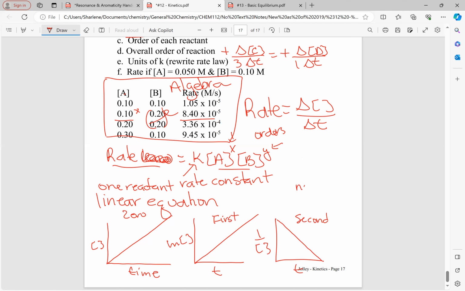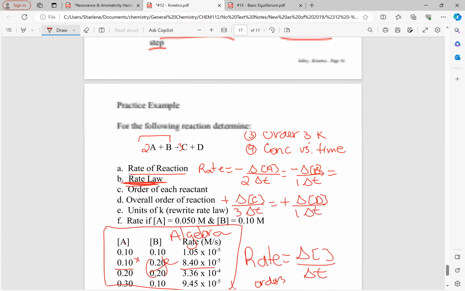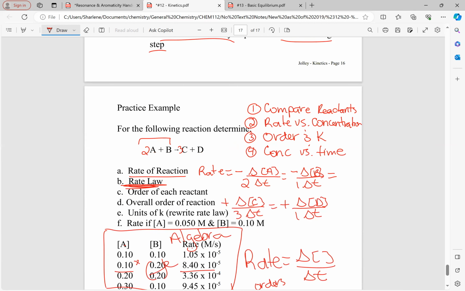No sig figs off of graphs, and you have to plug in the units. Right, that is the purpose. You are going to find the order and you are going to find the K value. So just like before, it is another way to find this one, but its equation will now relate concentration versus time.